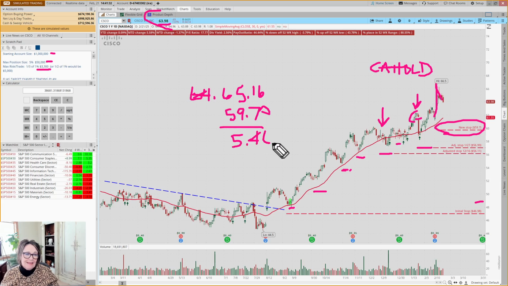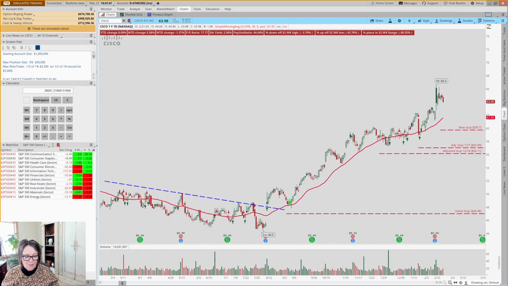And so if we take that and divide it into our $3,300, let me just wipe my slate clean here, and we'll come over to our calculator. 3,300 divided by 550. Oops, sorry, I should have put the dot in there.